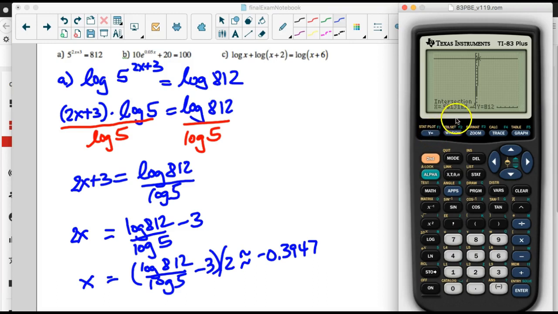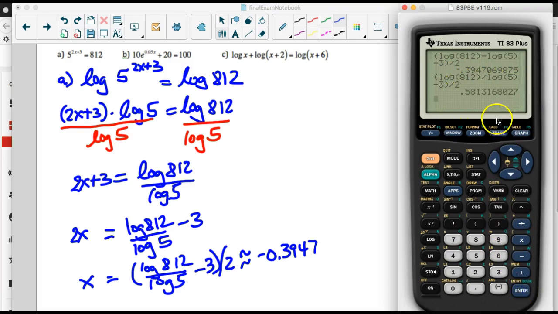It's supposed to be this value. Let's just double check. Second quit. Did I type it in incorrectly? Log of 812 divide, oh, it's minus here. So let's verify what I typed in. I hit second enter. It's supposed to be divide up here, 812 divided by. So I typed it in incorrectly. It should be log 812 divided by log 5, minus 3.